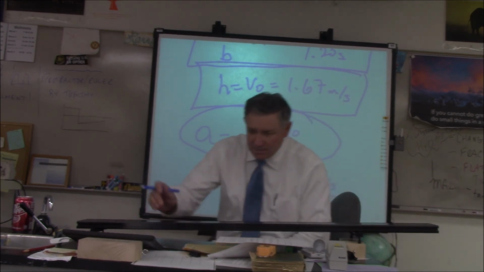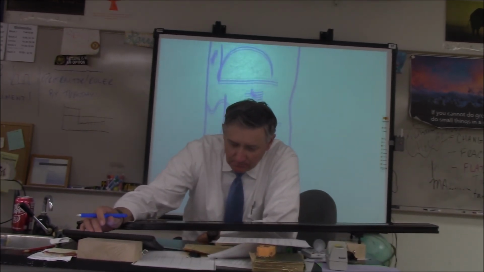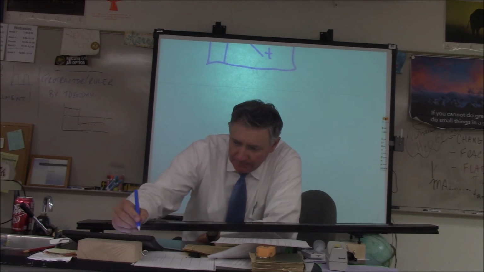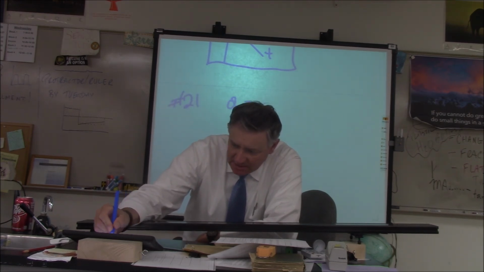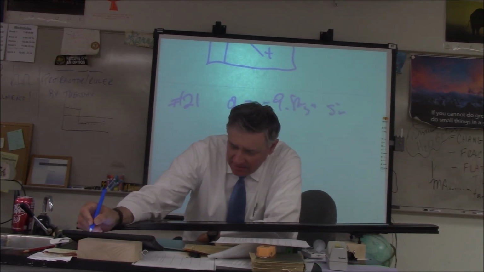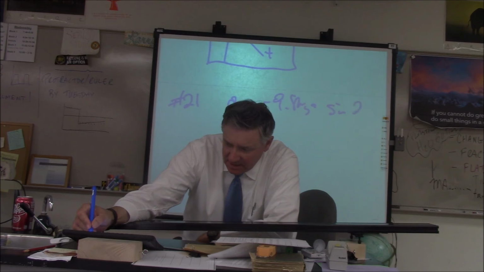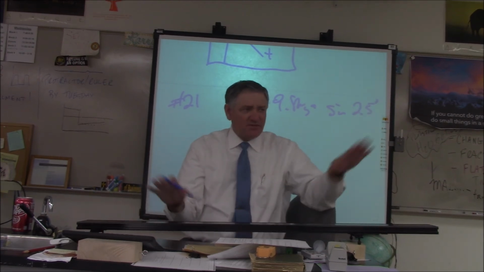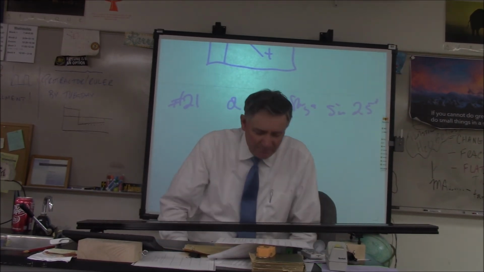Now, when you get to question number 21, for now, just accept this equation that is negative 9.8 meters per second squared times the sine of the angle. So let's say we measured the angle and it's 2.5 degrees. That's typically about where they fall.